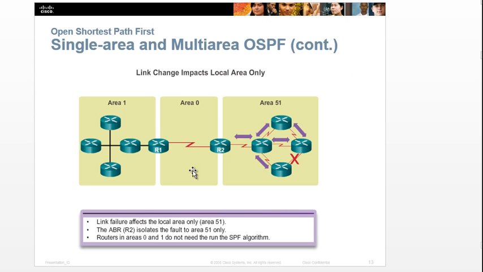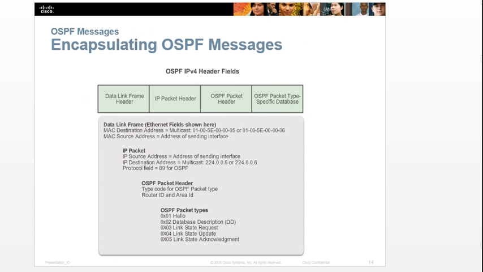These backbone routers that they've listed as R1 and R2 are where it's going to stop. Every router in 51 needs to know that this link went down between these 2 routers. But over here it doesn't matter. Let's say a router in area 1 needs to send something to 51. Well, it's going to ultimately get it to this router 2 and then send it and let them deal with it. It's not going to care what's going on inside that autonomous area.